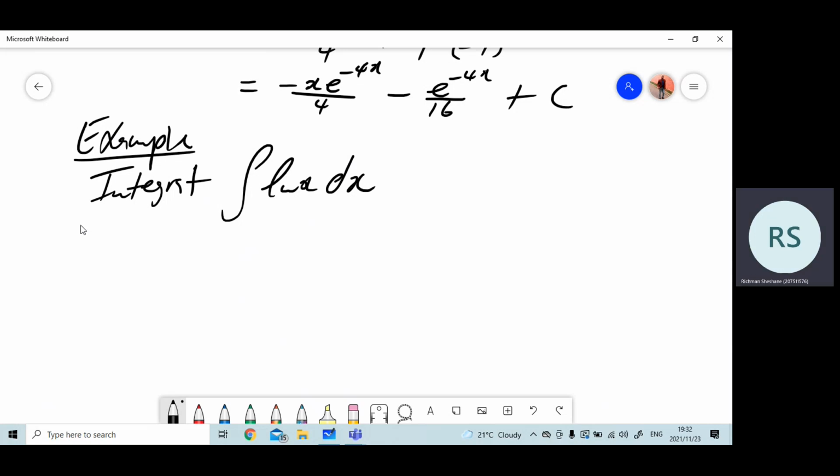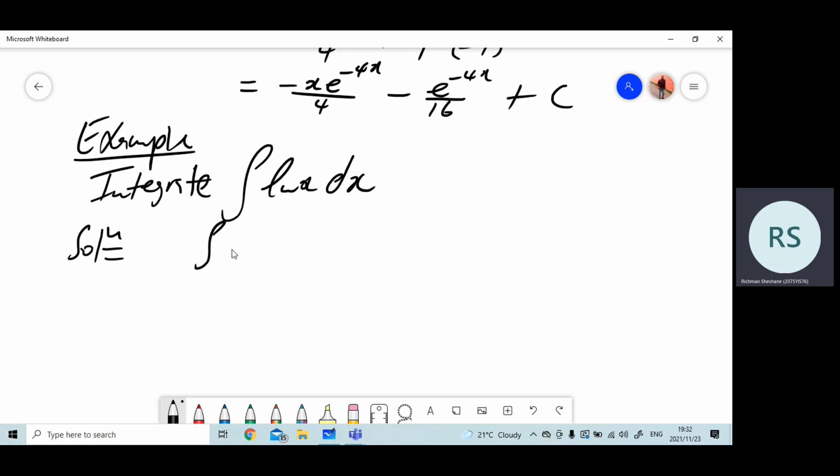Okay, so here we can use integration by parts to evaluate integral of log and also inverse function, because we don't have a standard integral for ln x. We know the derivative of ln x, but we don't know what is the integral of ln x. So we use integration by parts.